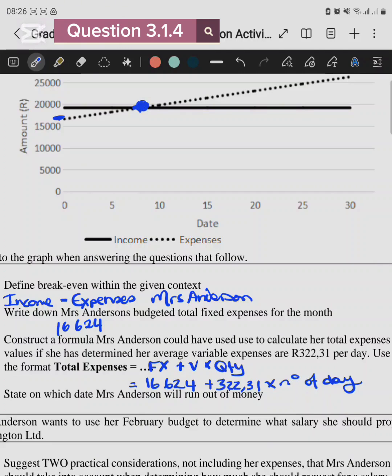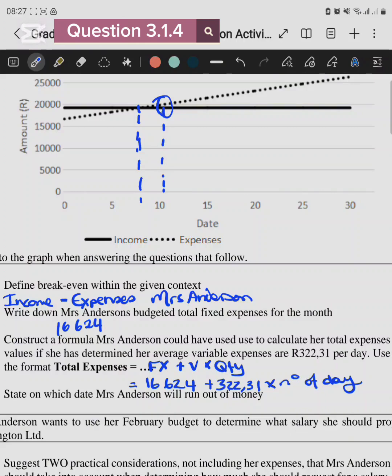So if we draw a line all the way down here, it crosses about here. You'll notice it doesn't go down directly to the 10. If I go from 10 all the way down, it's actually going to come up to around here, and that is not where the break-even point is.